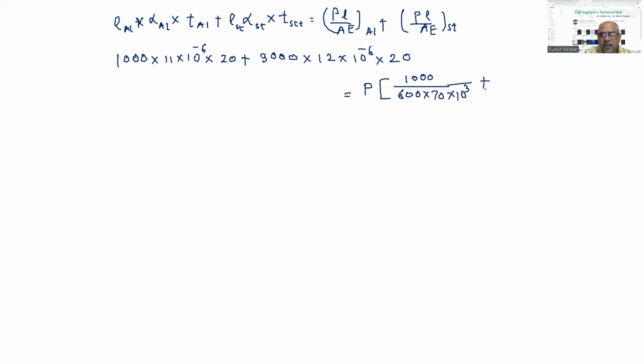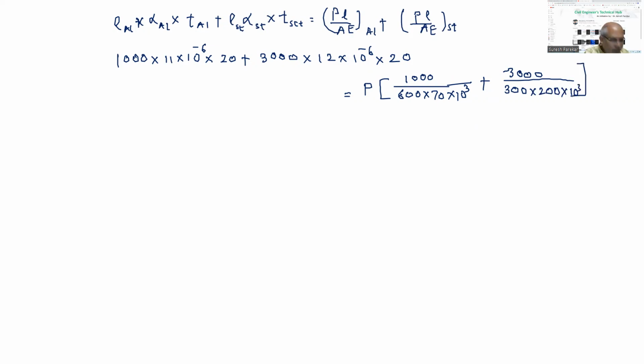Check once whether the data we have substituted is correct or not. So plus for steel, L 3000, then A that is 300, and E we have 200 into 10 raised to 3.